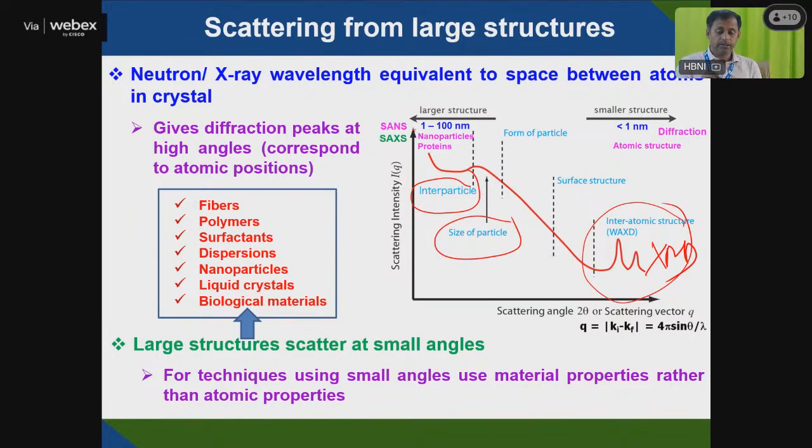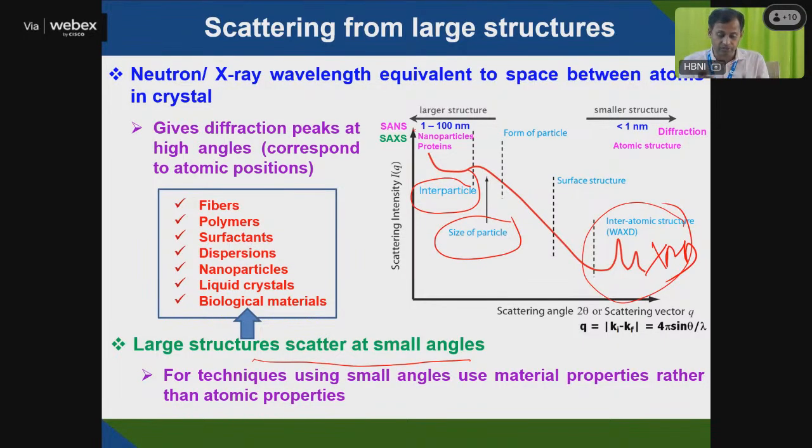Mostly wide angle gives diffraction peaks at higher angle corresponding to atomic positions. Fibers, polymers, surfactants, dispersions, nanoparticles, liquid crystals, and biological materials can all be used in this case. Larger structures scatter at small angle.